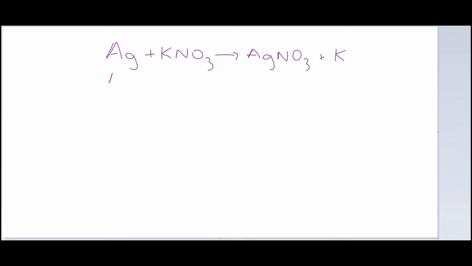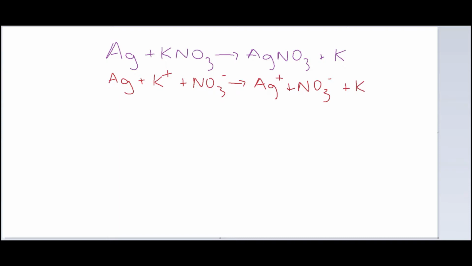So for my net ionic, I'm going to start off with silver all by itself reacting with my potassium ions, so K+, and it's K+ because KNO3 is soluble, plus my nitrate, so NO3-, and that's going to produce, AgNO3 is going to break up, so my silver ion, so Ag+, plus my nitrate ion, NO3-, and then my potassium, my K.